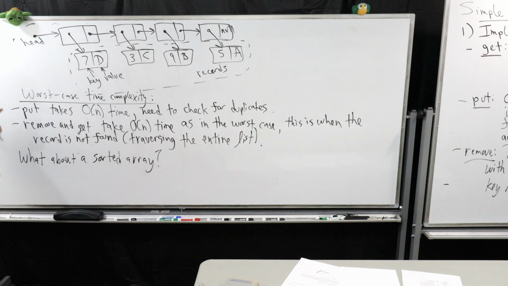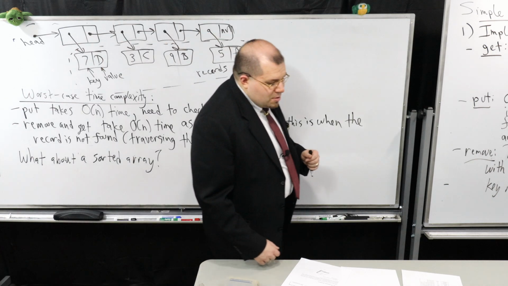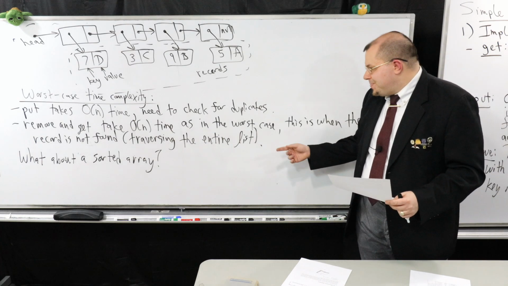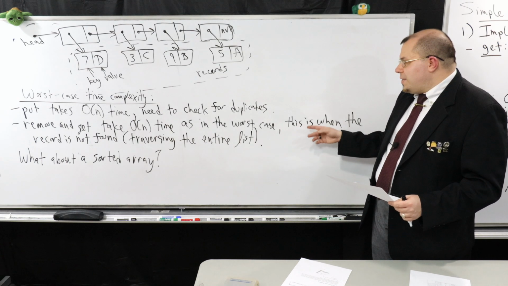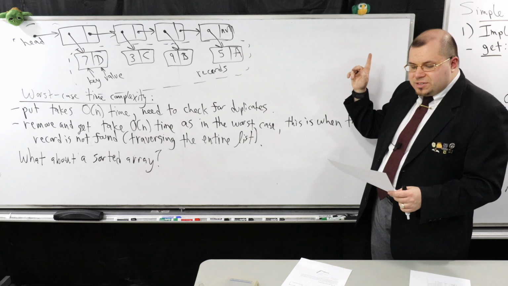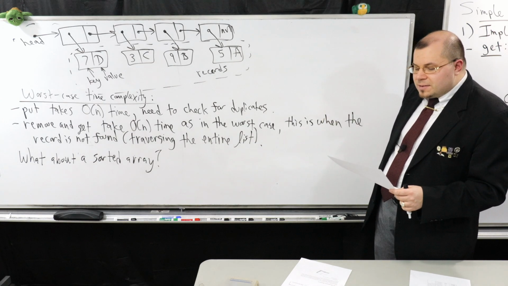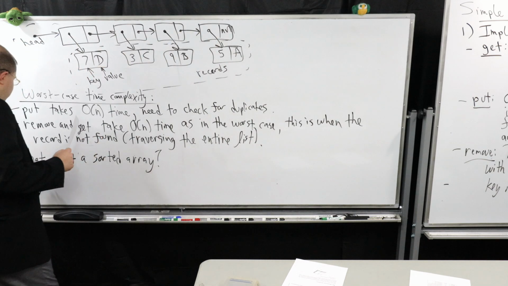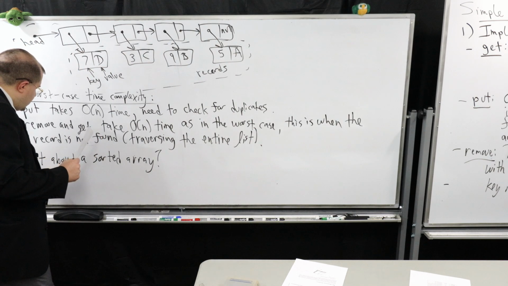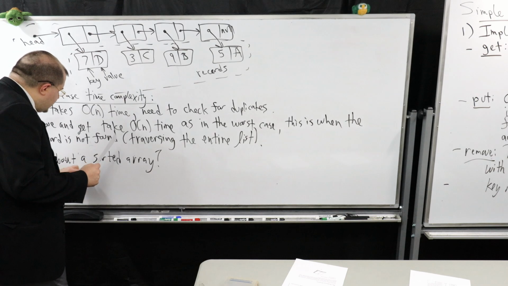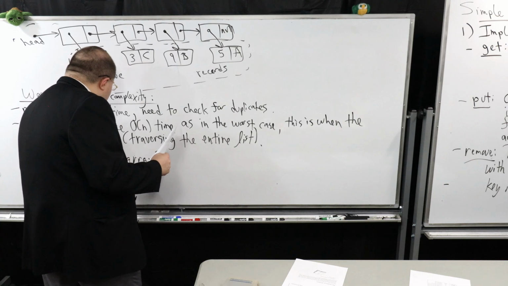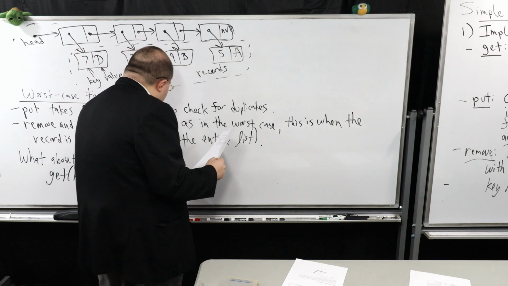But here's the neat thing about having a sorted array. Remember, if I have a sorted array and I'm trying to get, I can just use something else. So my get operation, if I use get, we can use binary search.